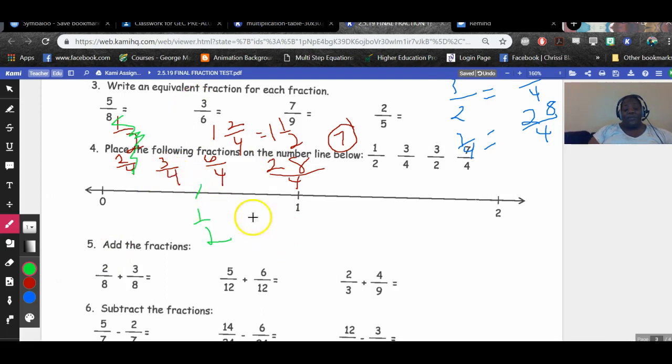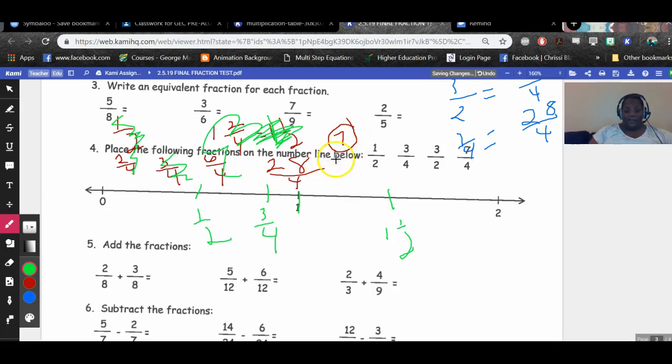So 3/4 would be here. 3/4 is almost to the 1. 1 and 2/4, which is 1 and 1/2, is that 1? It's right here. And half more is right here. So this would be the 1 and 1/2. This takes care of that one.